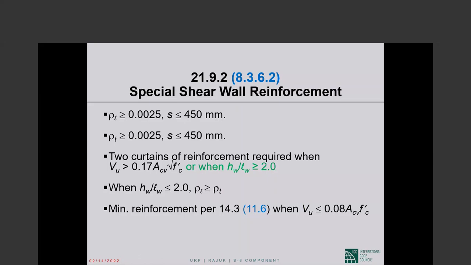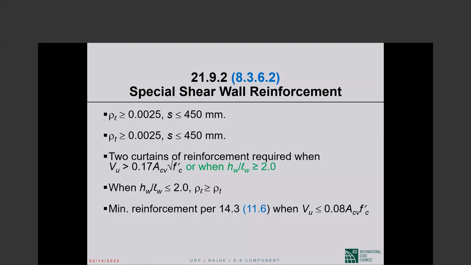Then we do not have to get hung up on the minimum of 0.25%. Then your minimum can come from section 14.3. We can go down to 0.2% or even lower, as given in chapter 14 on walls of ACI 318. In your case, it is section 11.6.